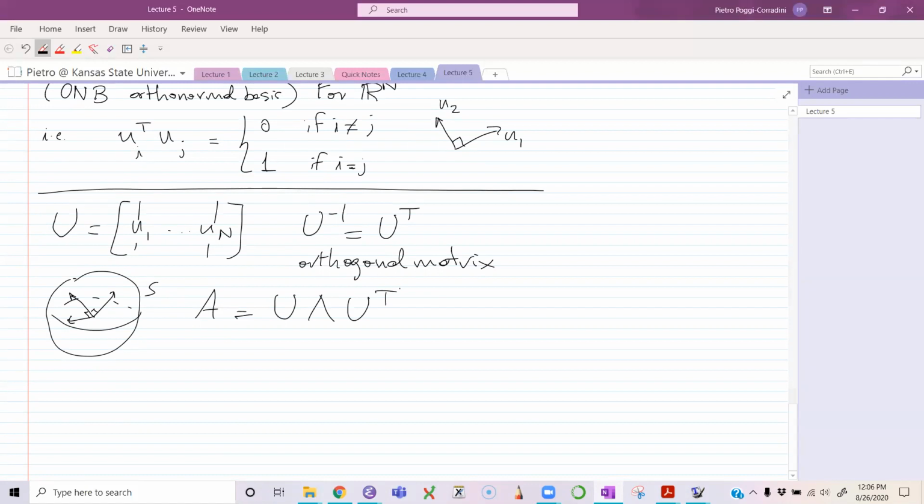It's the same change of variable we were talking about earlier, but now you have this extra property that the inverse is just the transpose.